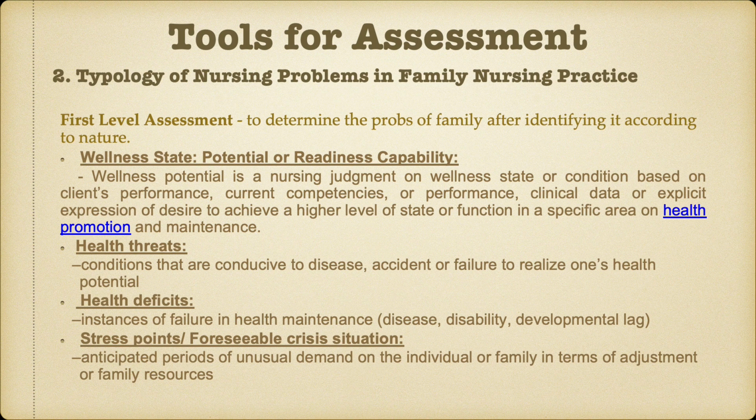While health deficits are instances of failure in health maintenance, like disease, disability, and developmental lag, and stress points or foreseeable crisis situations are those anticipated periods of unusual demand on the individual or family in terms of adjustment or family resources.